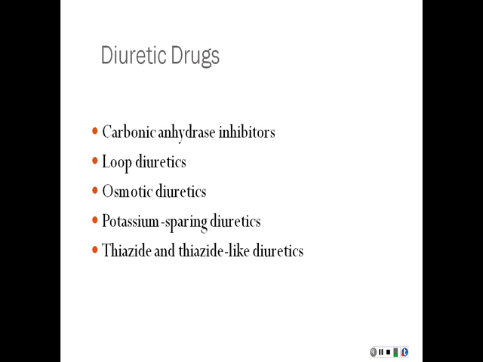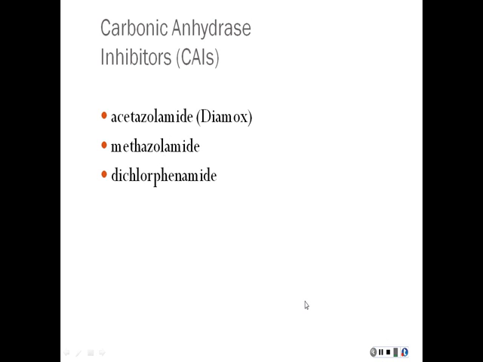We're going to talk about several different types of diuretic drugs during this lecture. So here you'll see there's loop diuretics, osmotic diuretics, potassium-sparing diuretics, thiazide and thiazide-like diuretics, which basically work the same, and then the CAIs we'll also be discussing.